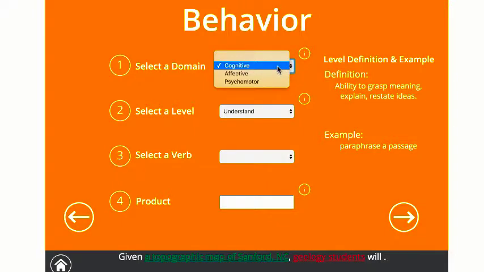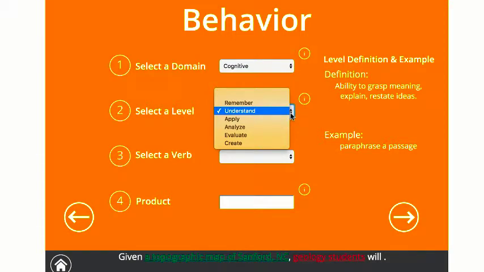I'm going to write a cognitive objective. And since geology is a low-level class, it's an introduction to geology, I'm going to look at this hierarchy of cognitive levels, and I'm going to choose one of the lower ones.